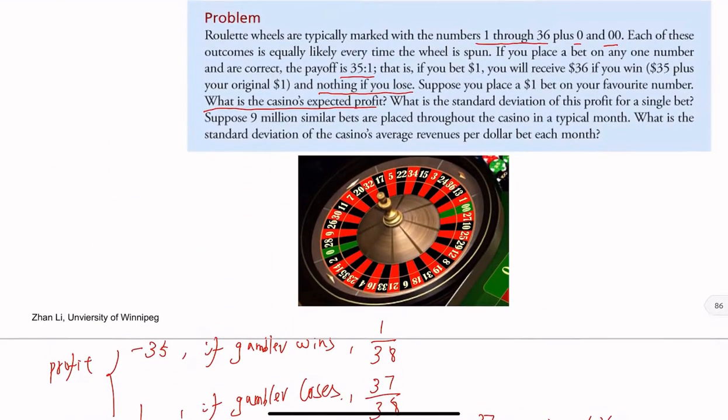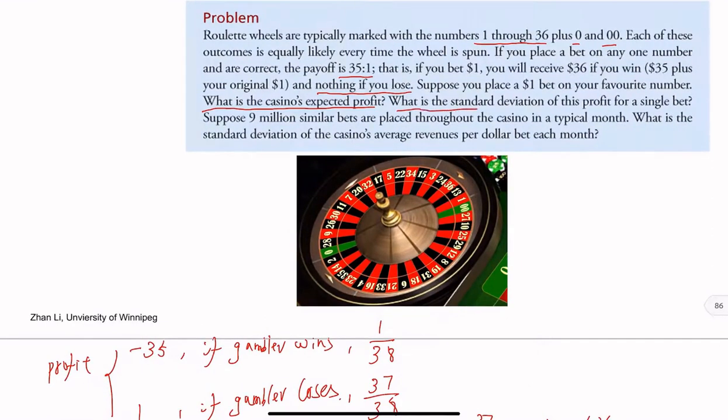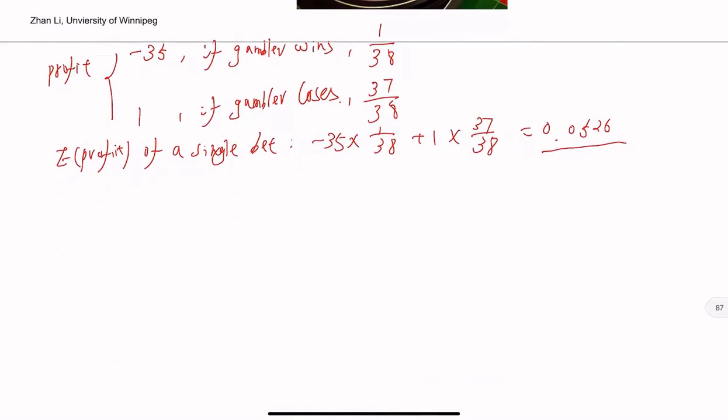The second question says, what is the standard deviation of this profit for a single bet? So we have finished the first one. Now the second one says, what's the standard deviation of profit of a single bet? Again, we have this probability distribution here, so it's pretty easy for us to calculate the standard deviation, right?